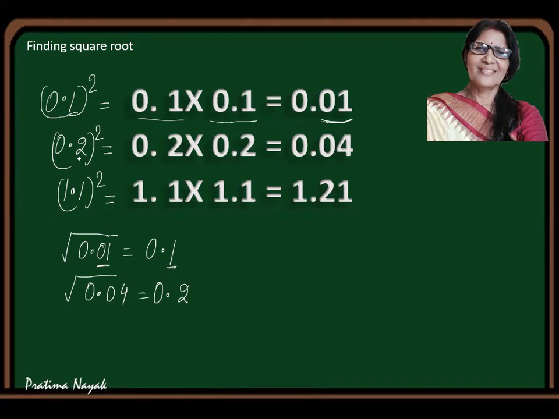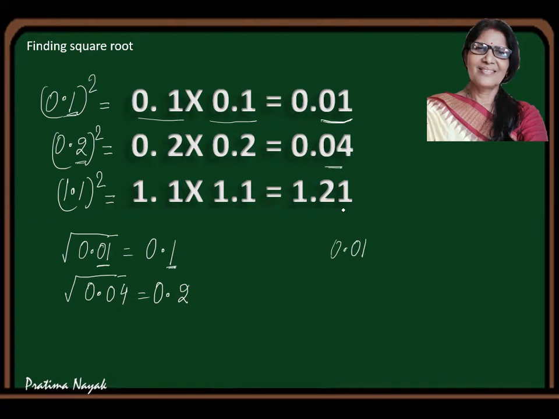For the second also, here there was 1 digit, the square has 2 digits, so the square root has 1 digit. So a number is a perfect square when after the decimal there should be 2 digits.